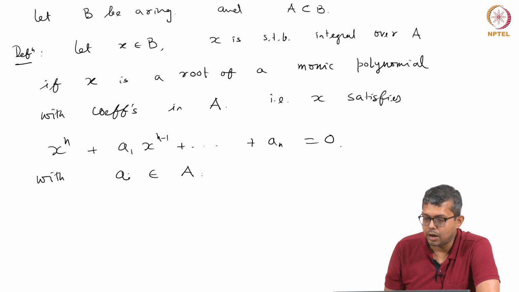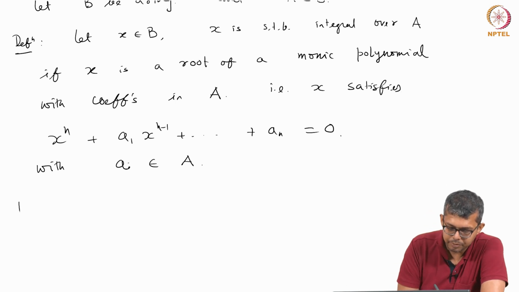So in particular, if x is an element of A, then x is integral over A, because x minus a equal to 0 is a monic polynomial that it satisfies.